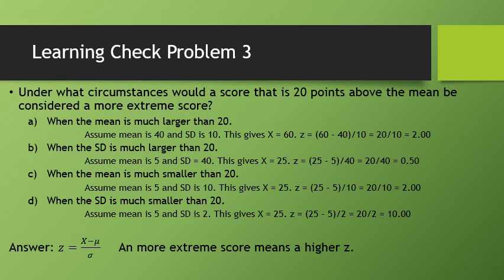Let's assume again that the mean is 5, but this time the standard deviation is 2, a really small number. This would give x equals 25, but a z-score equal to 10. So, to answer the question, under what circumstances would the score that is 20 points above the mean be considered a more extreme score? Part D would give us the more extreme z-score.